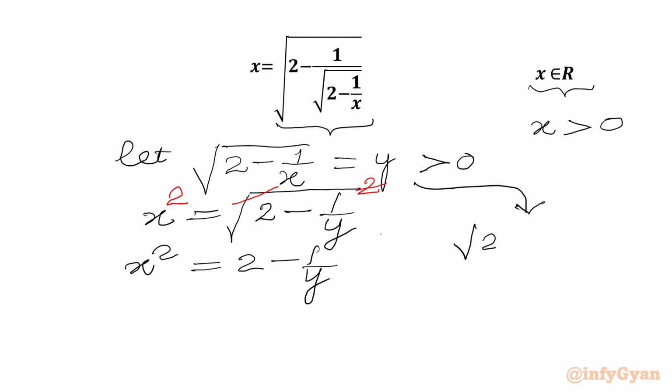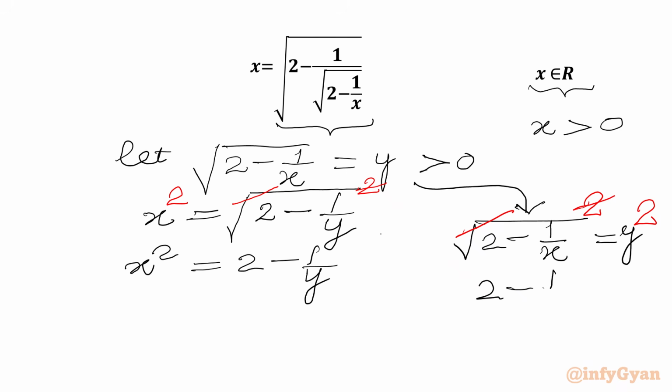So let me write square root of 2 minus 1 over x equal to y. Now we will consider squaring both sides, power 2, power 2. Square root and square will be cancelled out. We are going to write the equation 2 minus 1 over x equal to y square. Let's say this is our first equation and here we will write equation number 2.